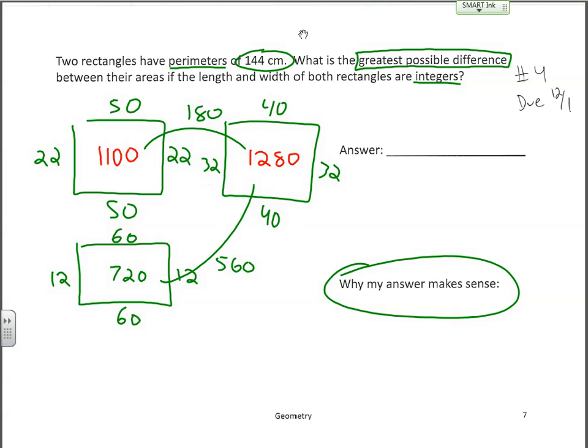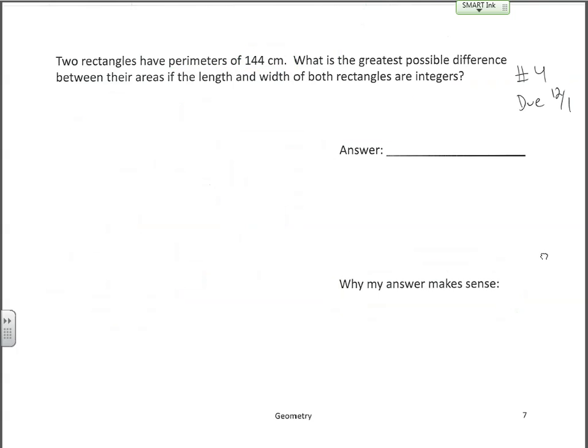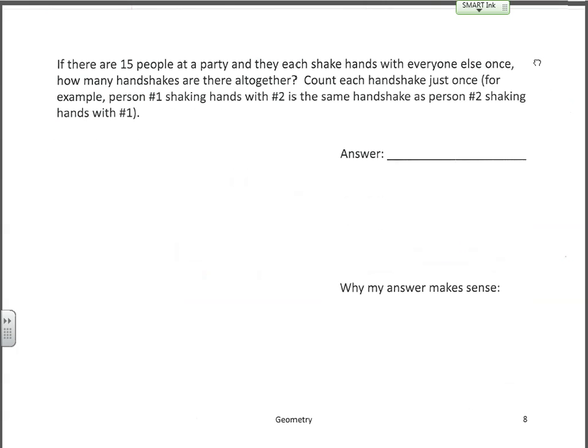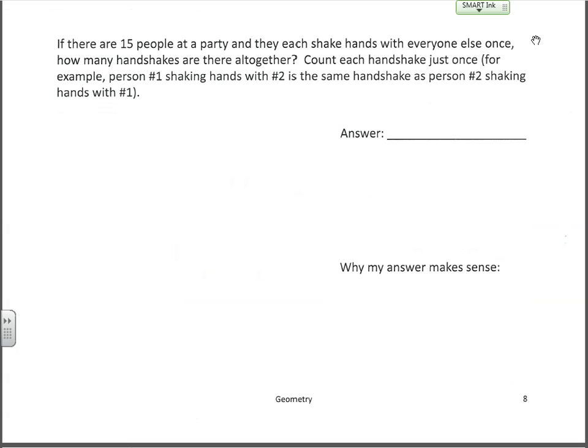Next one. There are 15 people at a party. This is a classic logic question. It would not surprise me if you've heard this before or something similar to it. We've actually done something similar in a previous packet with those basketball games and how many games in a league in a season.